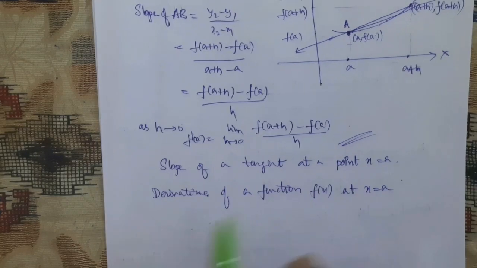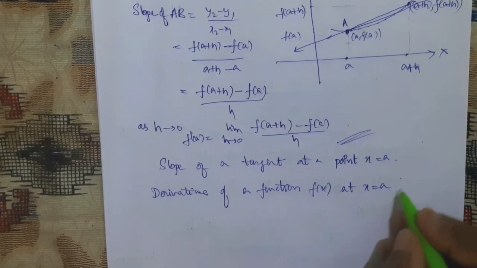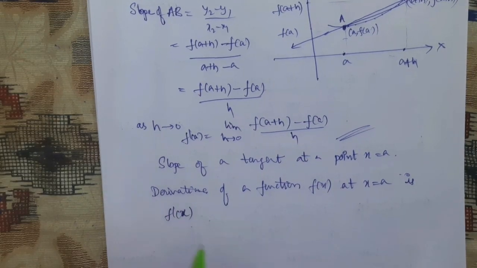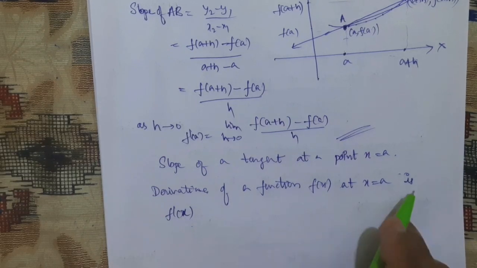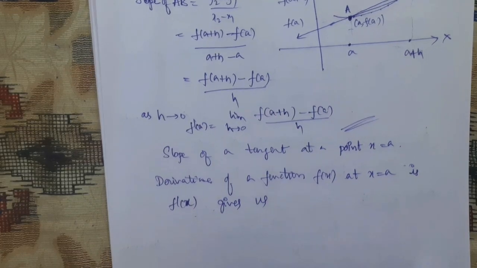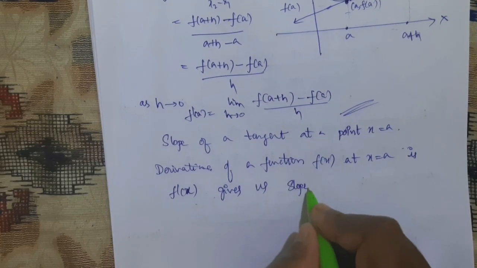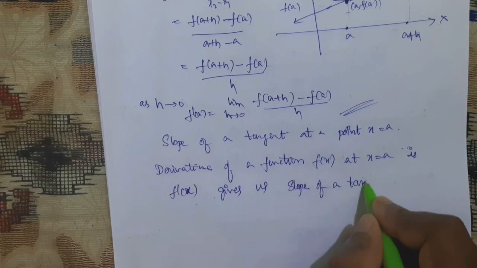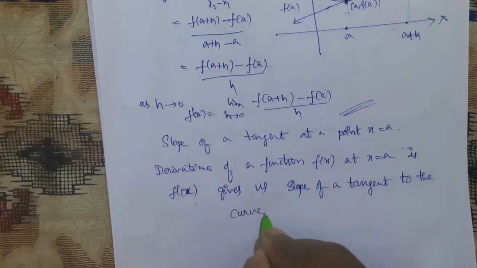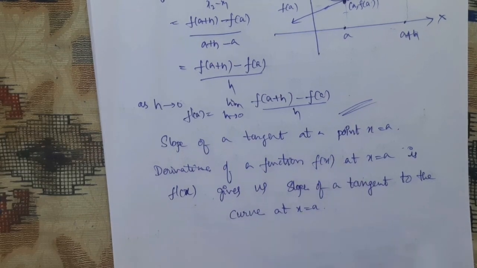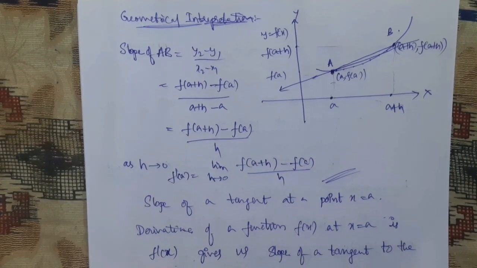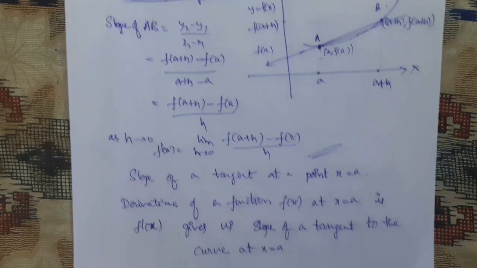The derivative of a function f of x at x equal to a is f dash of x, which gives us the slope of a tangent to the curve at x equal to a. Nothing but the slope of a tangent at x equal to a is also equal to the derivative of a function f of x at x equal to a.